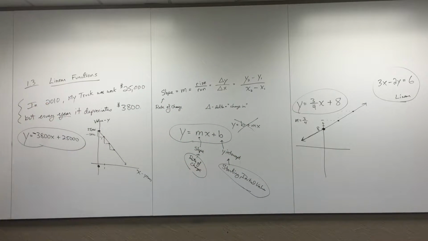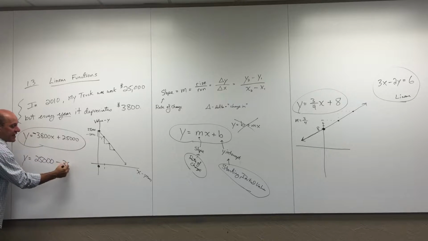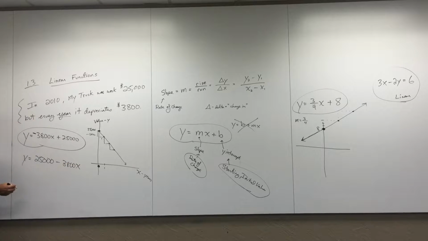With the word problem, you might consider, okay, you start at 25,000 and you lose 3,800 every x. It's logical to think like that. But that is the same as this. You can add those two numbers like that, or like that. It's the same. But now I have the y-intercept in front and the slope right there. It's okay. It is the same.